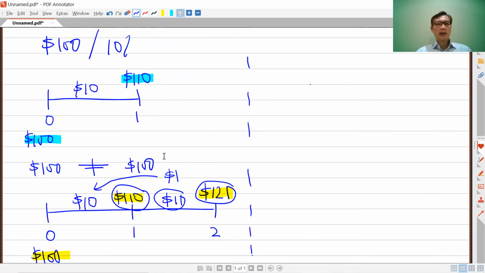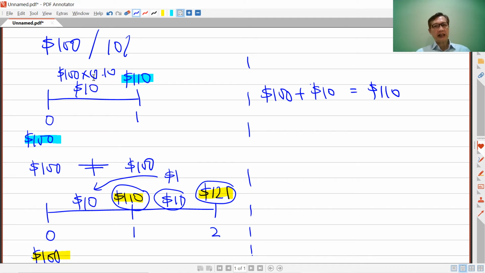To come up with the formula, let's start with the 1 year. So the first year you have $100 and then plus a $10 interest. That's where you have 110. And let's look at this figure here, $10. This $10 actually is the $100 multiplied by the 10%. You have to change it to a decimal when you do the calculation.